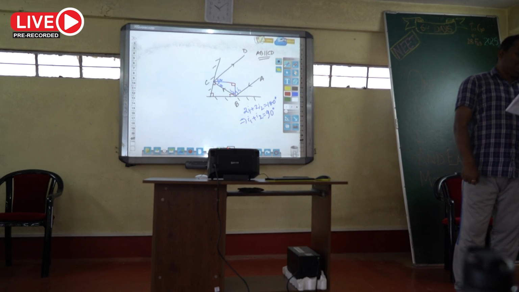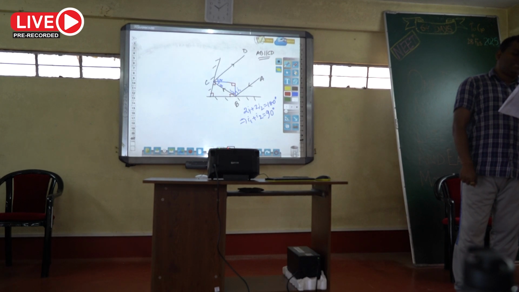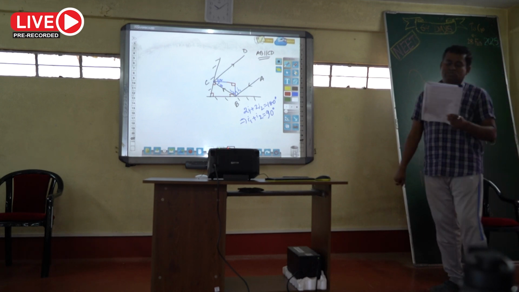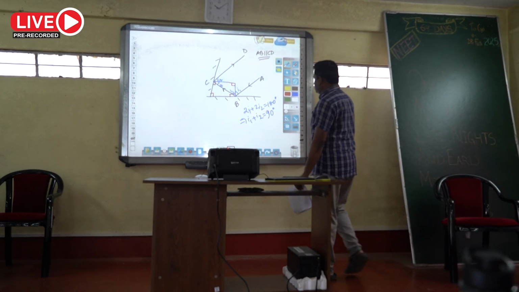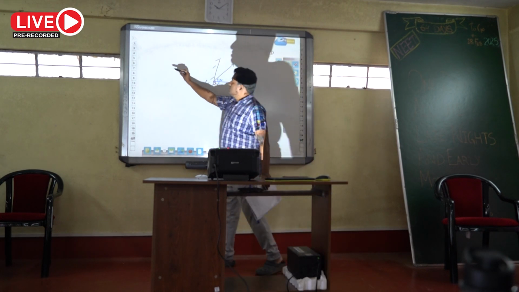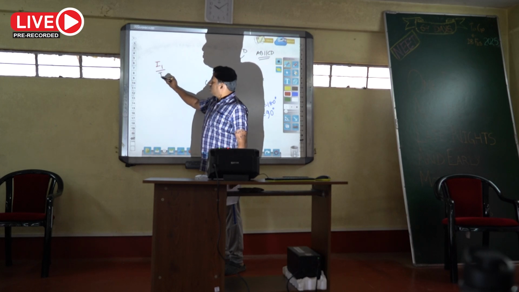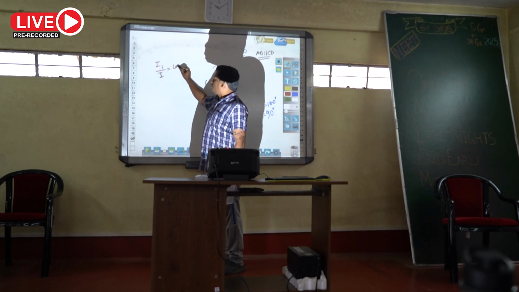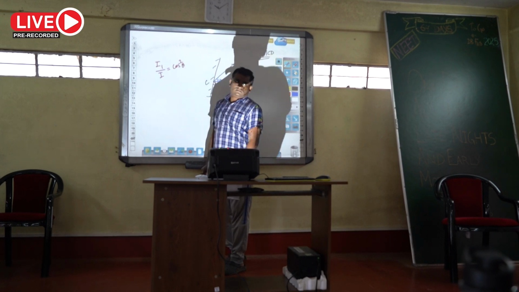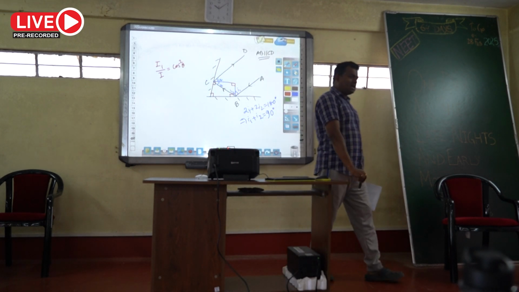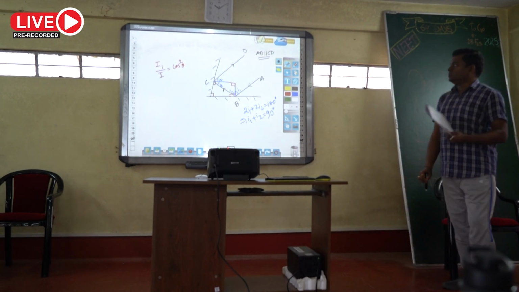Next, a clear sheet of Polaroid is placed on the top of similar sheet so that their axis makes an angle sin inverse 3 by 5 with each other. The ratio of the intensity of the emergent light to that unpolarized incident light. If I consider I1 by I2, then it is coming cos square theta from Malus's law.